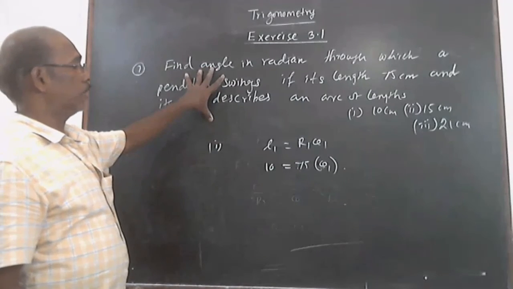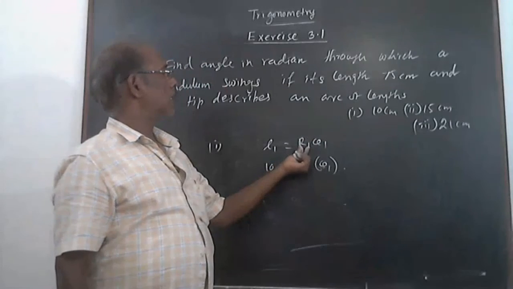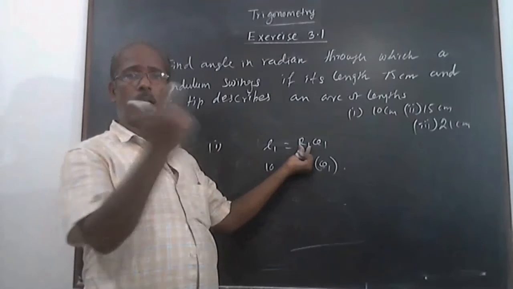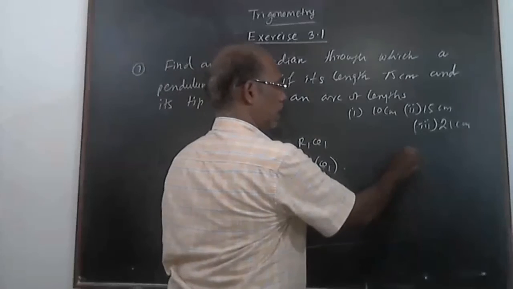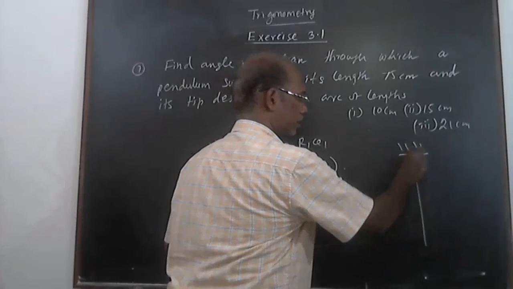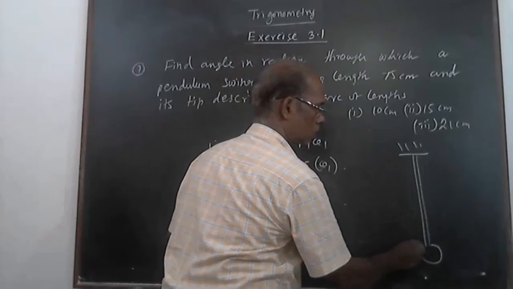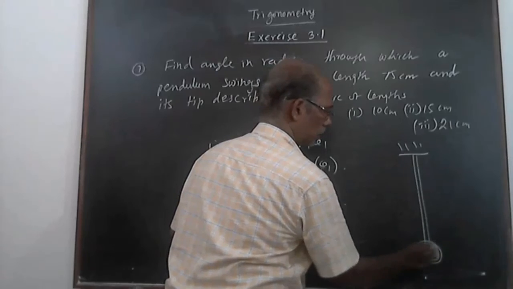Very important point to be noted. In all the three cases, the radius is going to be the same. R1, R2, R3, all the three are equal because this is a simple pendulum. This is a metal ball.